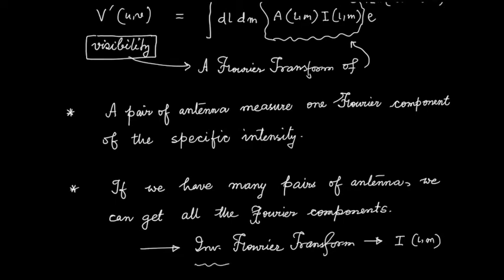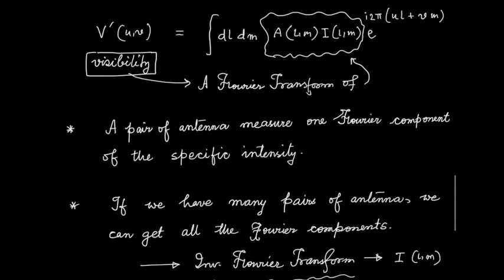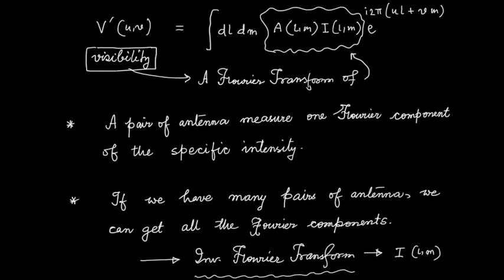Well, of course, this itself is a big business because it turns out to be quite complicated. But the idea is the following. We can measure the visibilities by measuring the electric field from two different antennas. One pair of antenna measures the Fourier component of the specific intensity at u equals D by lambda, where D is the antenna separation.